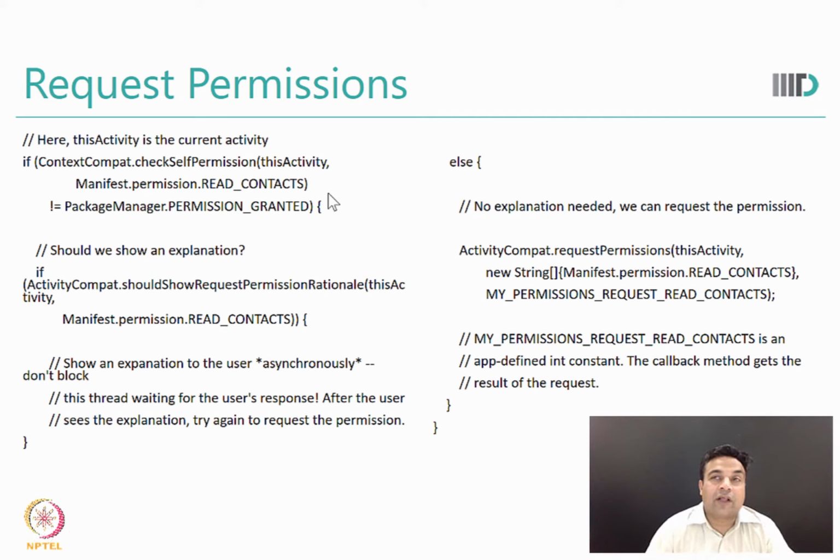For example, you may want to tell the user, hey, look, if you do not give the permission, then maybe these extra features will not be enabled. On the other hand, on the right side, if the permission is given, then you may not want to give an explanation to the user because the user has already given the permission and you would like to continue with doing the work.